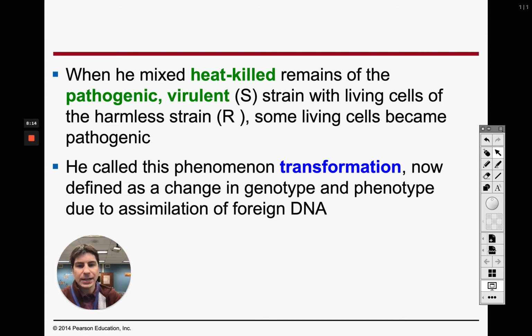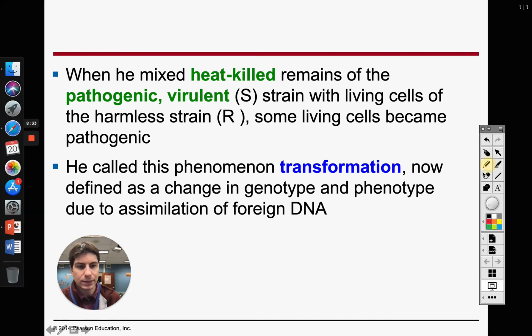So here's what they found out: when they mixed the heat-killed S cells with the living R cells, the R cells actually went through a DNA transformation. Foreign DNA from the S strain that was dead, but the DNA is still there, went into the R strain. And it transformed the harmless R strain into S strain. And I'm not talking about heat-killed S strain anymore, because remember the R was living in that last one, right?